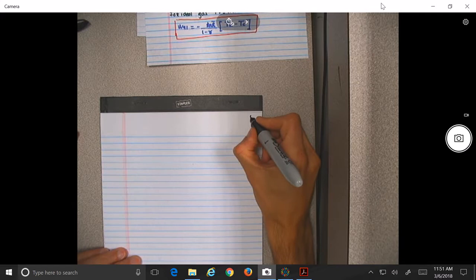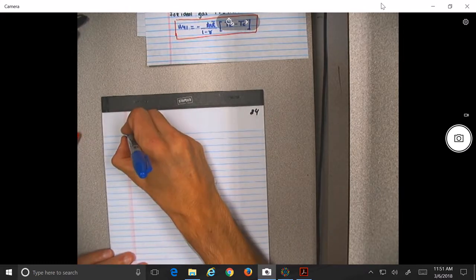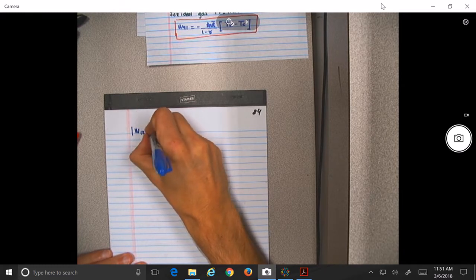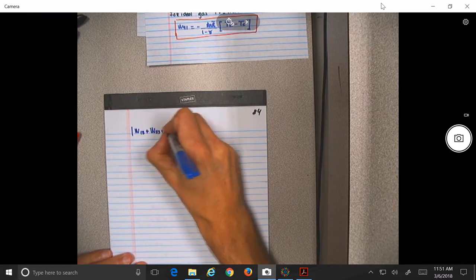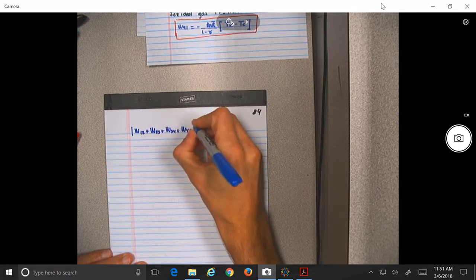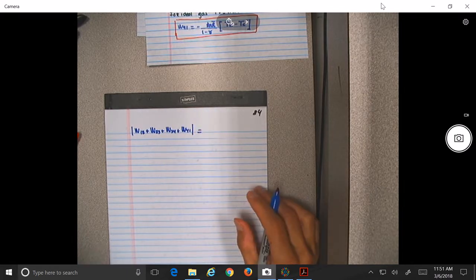So page 84. Basically we have work 1-2 plus work 2-3 plus work 3-4 plus work 4-1 will be equal to what?